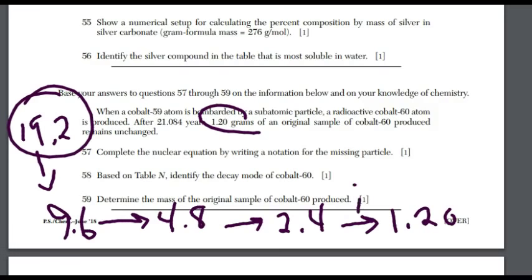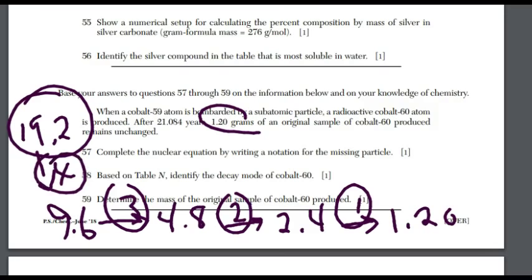So notice 1, 2, 3, 4 half-lives. So 19.2 was the mass of the original sample. That's a little tough because you're going backwards as opposed to forwards. No matter how you want to tackle a half-life problem, you will see it again on the Regents.